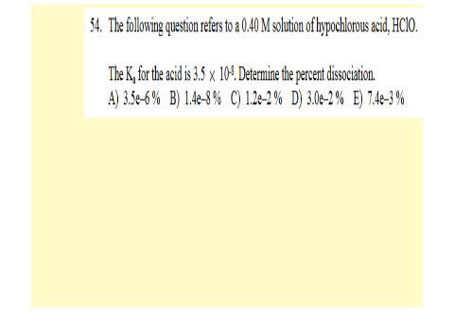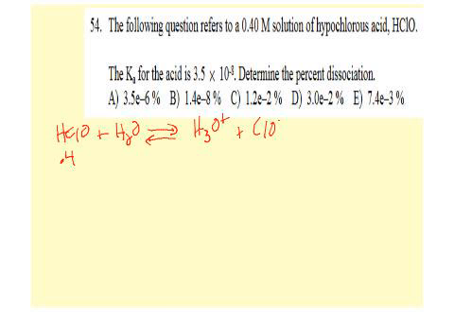Next: a 0.4 molar solution of hypochlorous acid, HClO. The Ka is given; determine the percent dissociation. So ICE diagrams are your friend. 0.4 molar, 0, 0, minus x, plus x, plus x, 0.4 minus x.